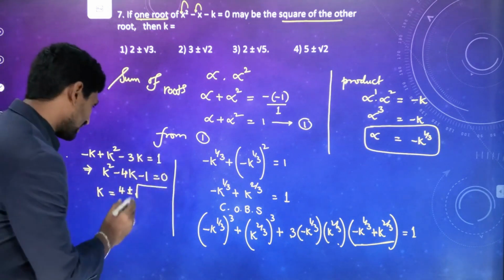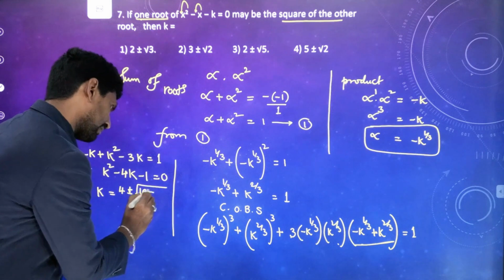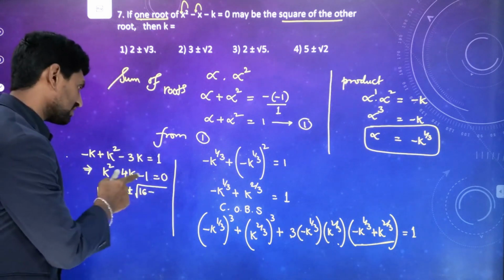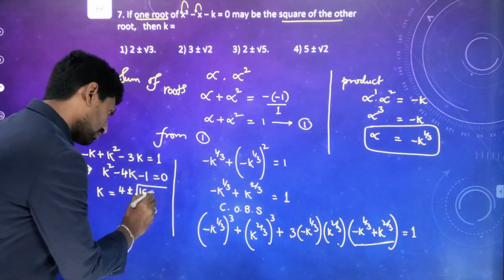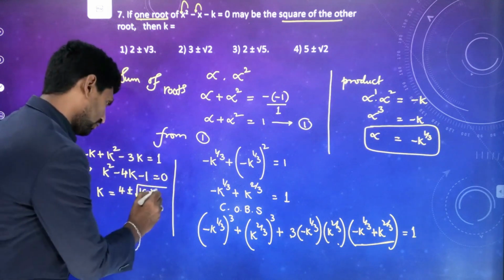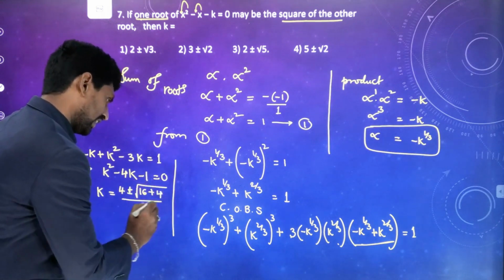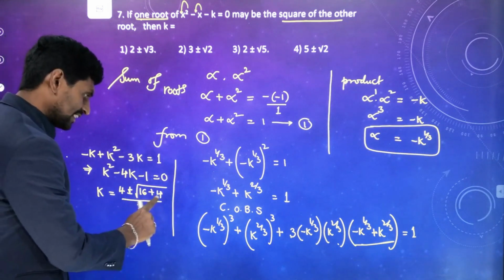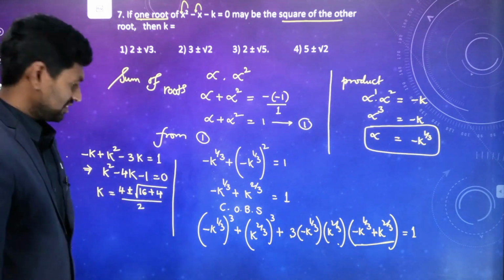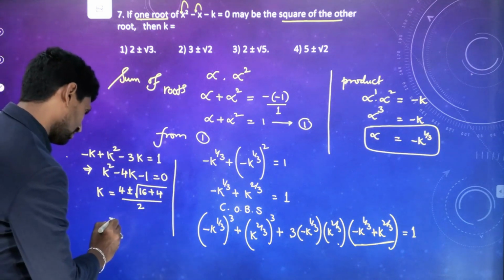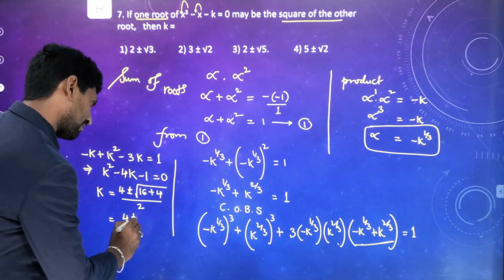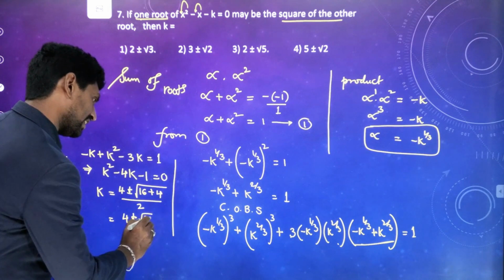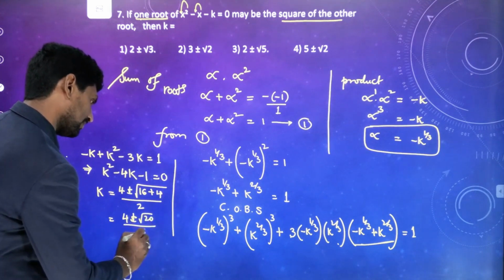Minus 4 whole square is 16. Minus 4ac. A value 1, c value minus 1. So become plus 1 into 4, divided by 2a. 2a means 2 only. 16 plus 4 is nothing but 20. So 4 plus or minus root 20 divided by 2.